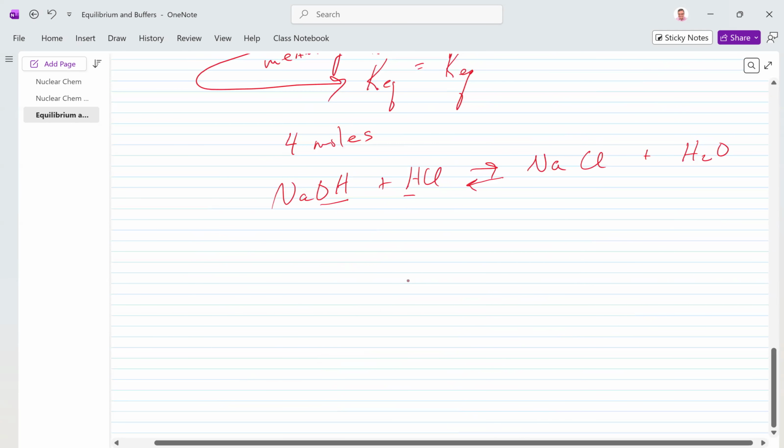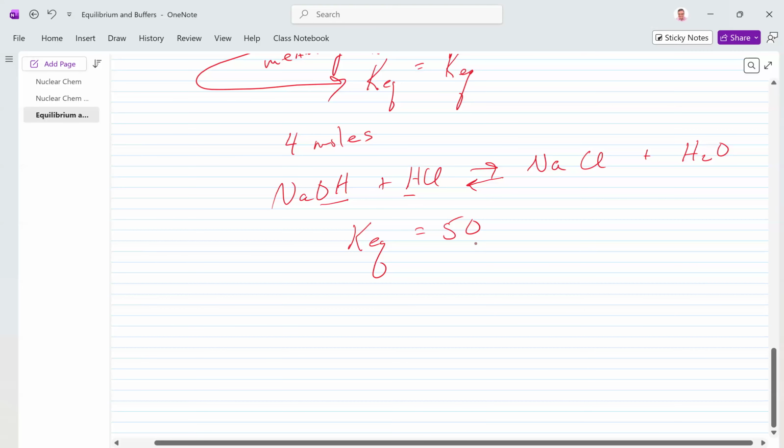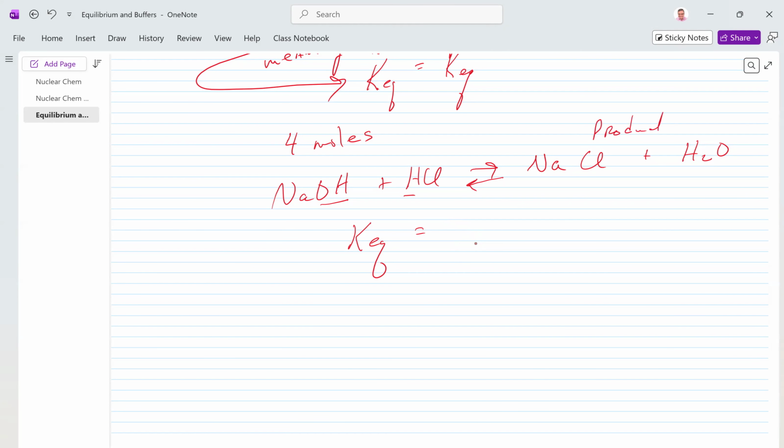Okay, so now we're going to get an equilibrium constant from that, and let's call it 50. So this is the products. This is the reactants.